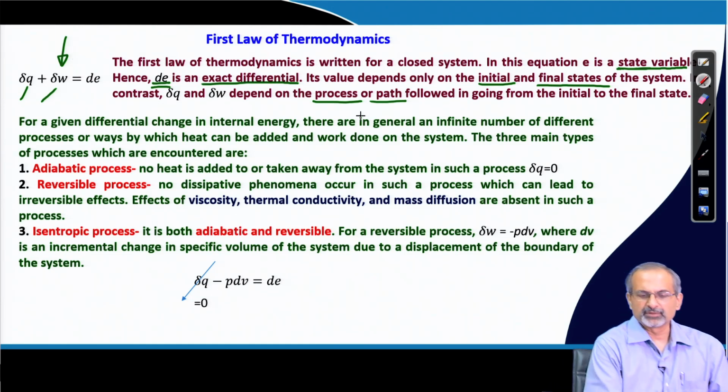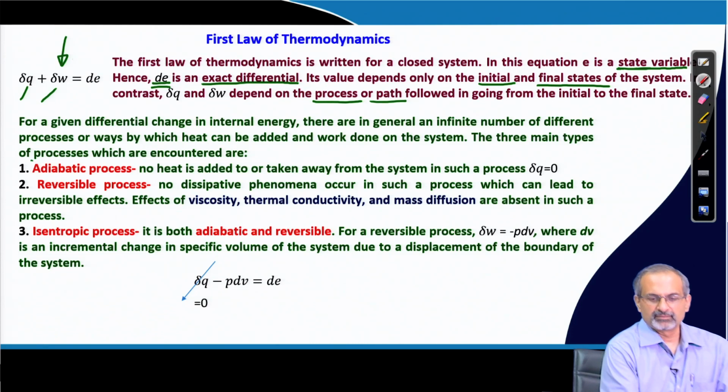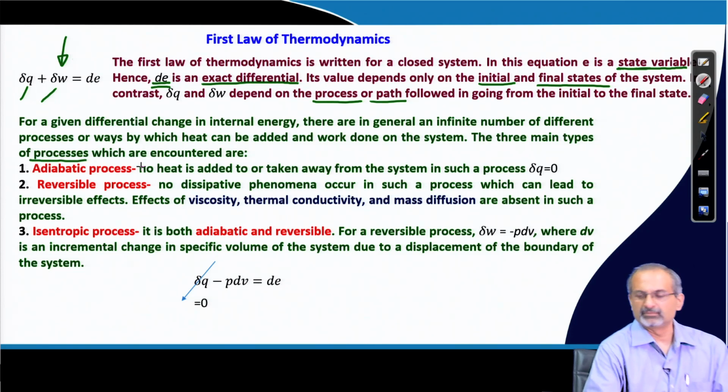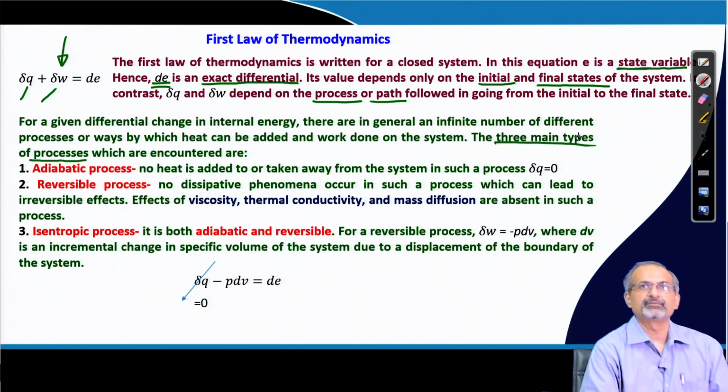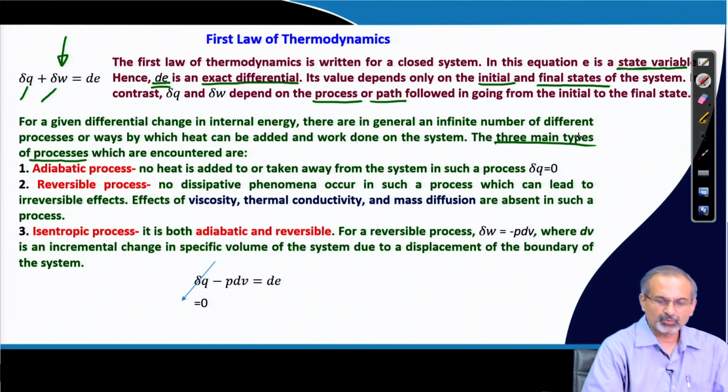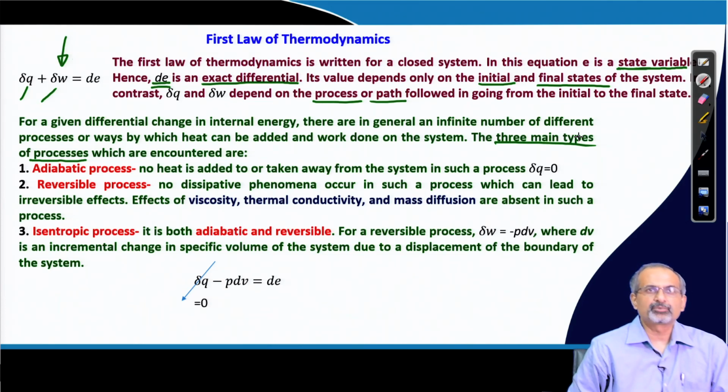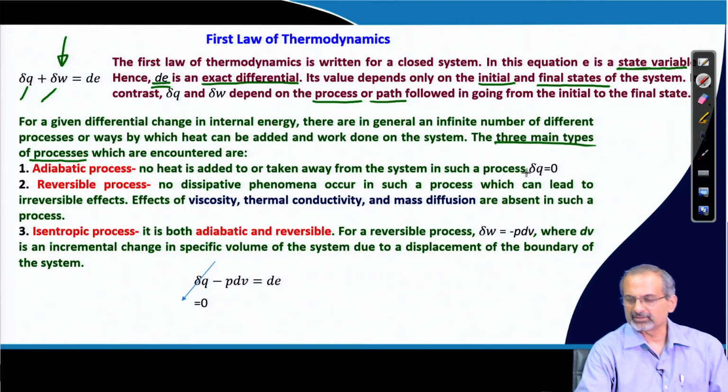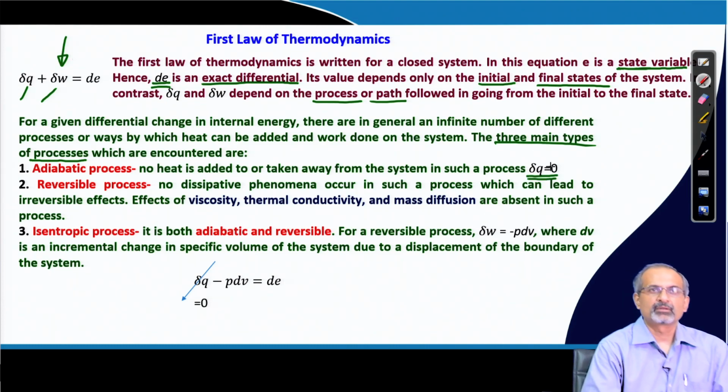And what are those different processes? These are three possible main types that we have stated here. One is an adiabatic process where no heat is added to or taken away from the system in the process, and therefore, del q is going to be 0.